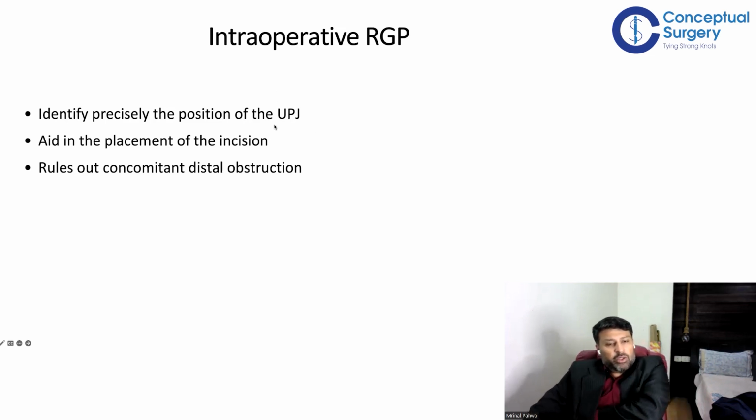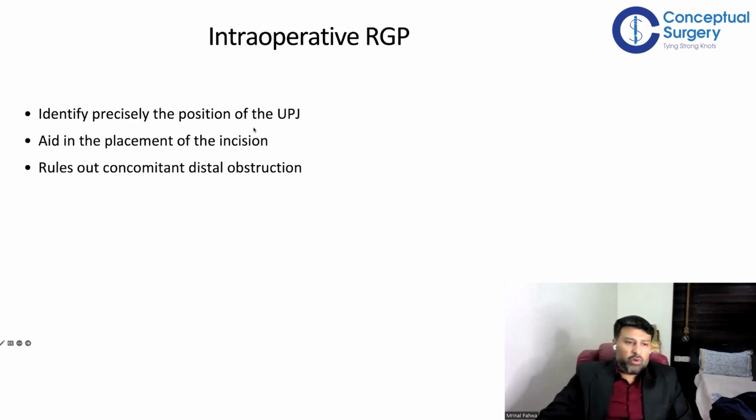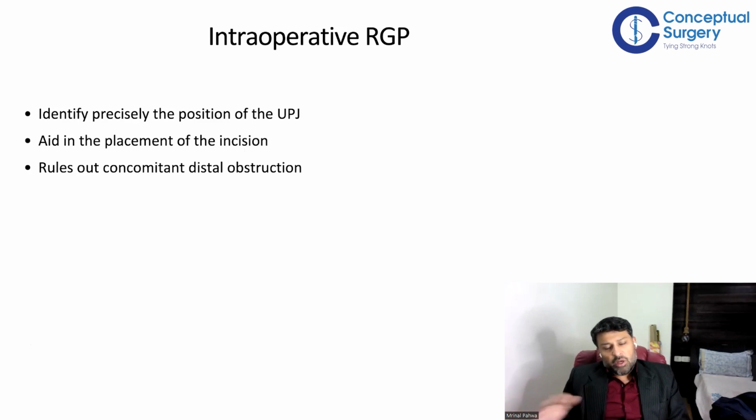Secondly, when open procedures were used, it helped us in the placement of the incision. If there's an intrarenal pelvis, we would prefer a flank incision, a kidney incision as for nephrectomy. If it's lower down, we would gradually shift the incision depending on the level of the PUJ.